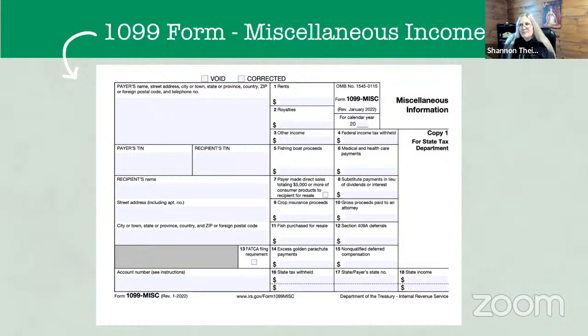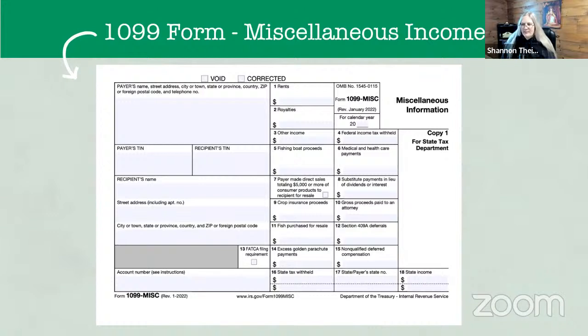So let's say I make raw goat milk soap and I sell $5,000 of it to a boutique in town, and it's a product that they're going to resell.